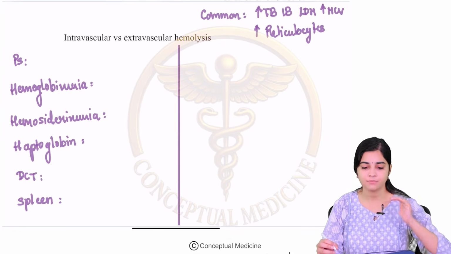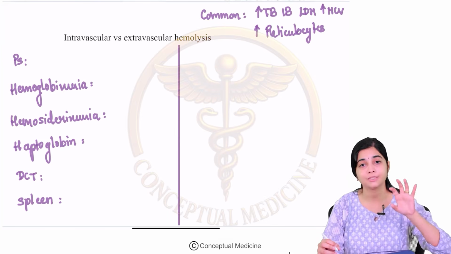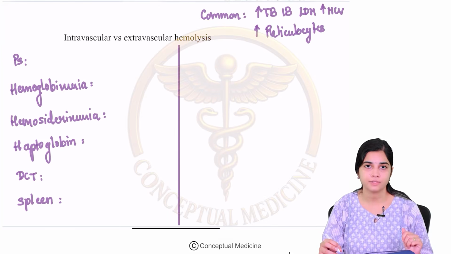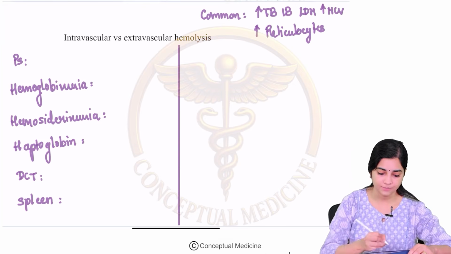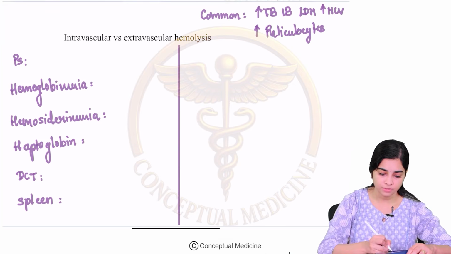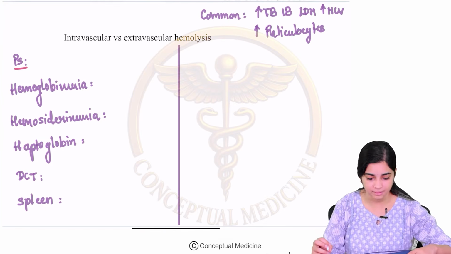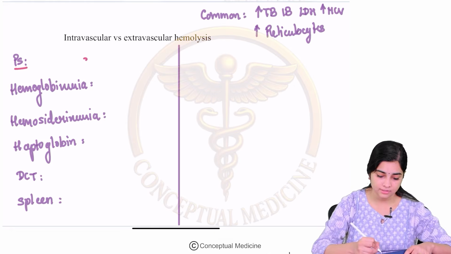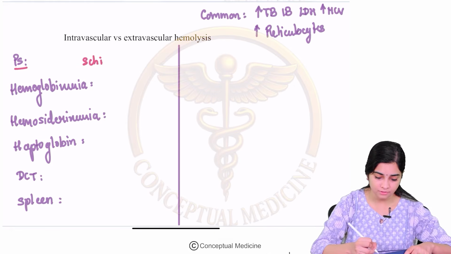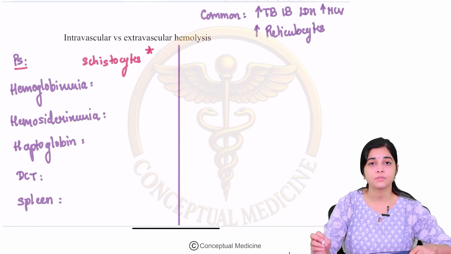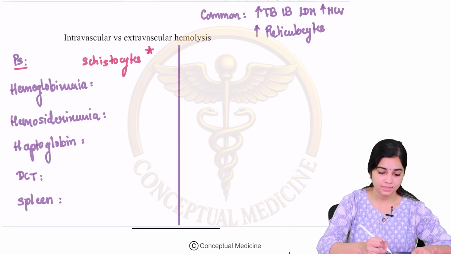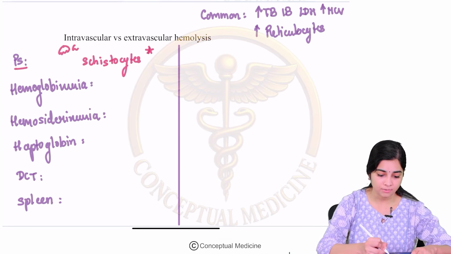So let us look at some of the most important differences. We have looked at the common features, but we'll also have to look at the differences between intravascular and extravascular hemolysis. So first, what will you see on the peripheral smear? On the peripheral smear in an intravascular hemolysis, you may find evidence of schistocytes. Now what are schistocytes? Schistocytes basically means that the RBCs are broken down.